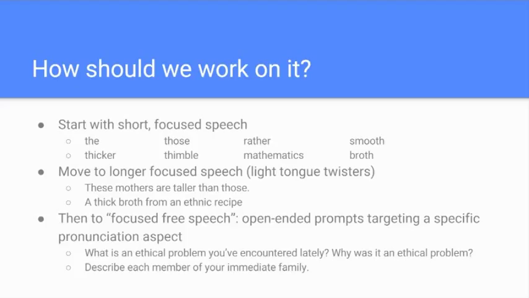So an example: what is an ethical problem you've encountered lately? Why was it an ethical problem? In that case, the answer will hopefully bring up the word ethical several times and maybe some other target words, definitely some function words, the, these, those, that, as well. Another example: describe each member of your immediate family.